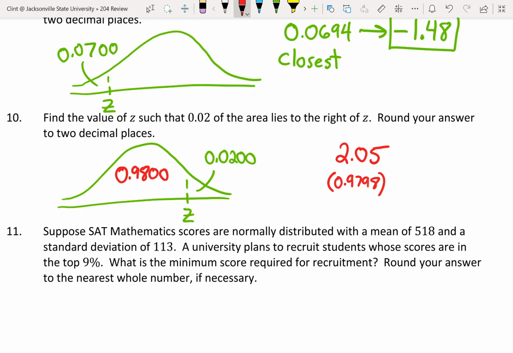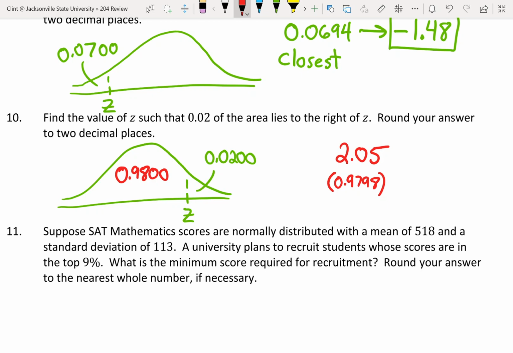Or we could look in the table for 0.02. Just remember that whatever we find is going to be over here on the left side, so we have to change the sign. So if we look for 0.0200, 0.0197 is as close as, nope, 0.0202 is as close as I can get.